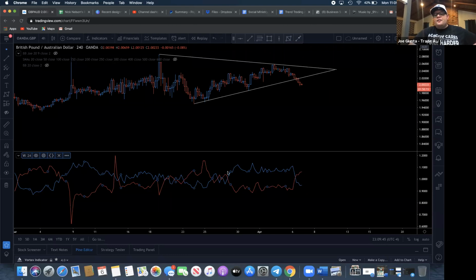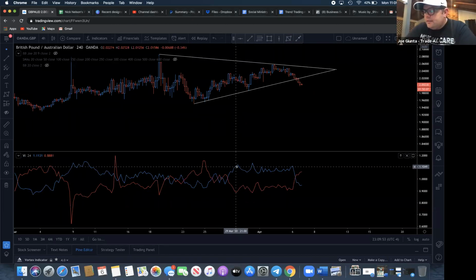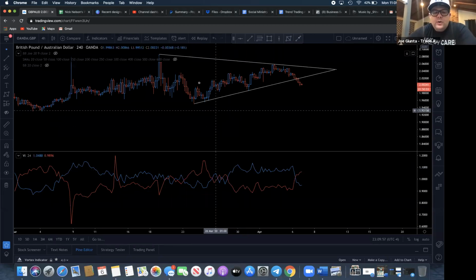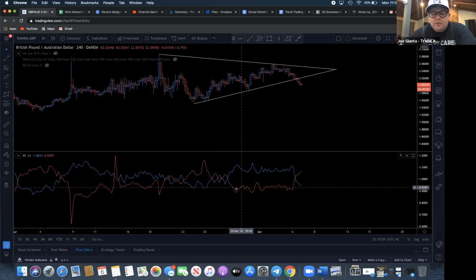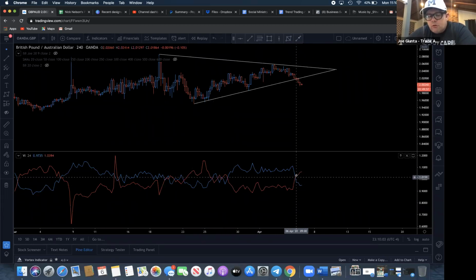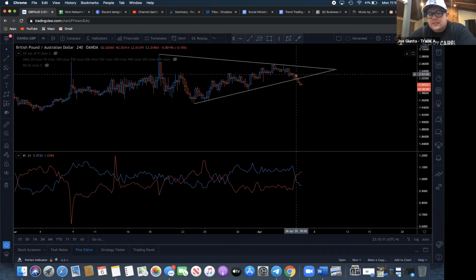But if you have bullish pressure in the price action and bullish pressure in the vortex, it's game time. If you have sell pressure in the price action and sell pressure, in other words, the red is coming higher than the blue, right? Game time.